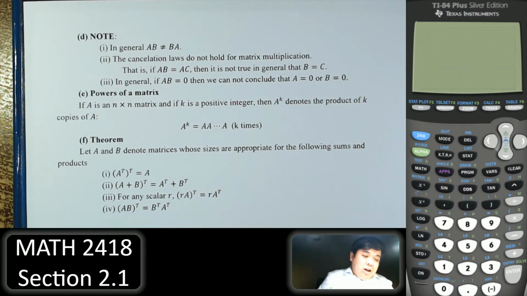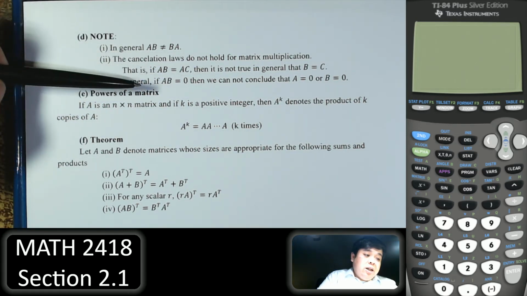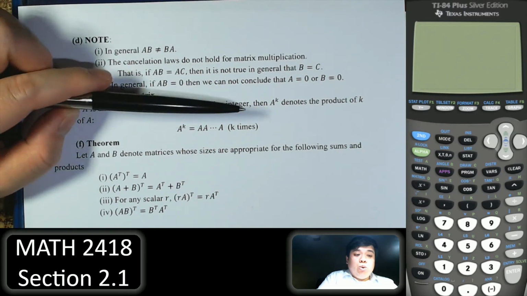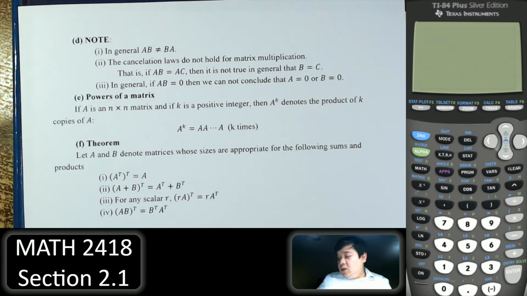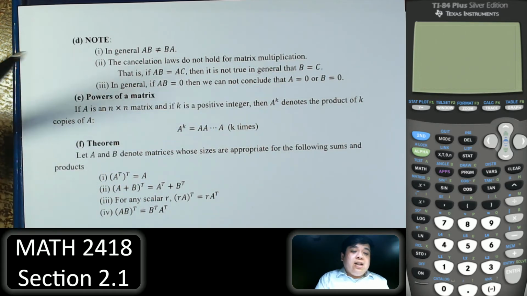And also the cancellation laws do not hold for matrix multiplication. That is, if A times B equals A times C, it's not true in general that B equals C. So we cannot cancel on both sides. In general, if A times B is equal to 0, we cannot conclude that A is equal to 0 or B is equal to 0.